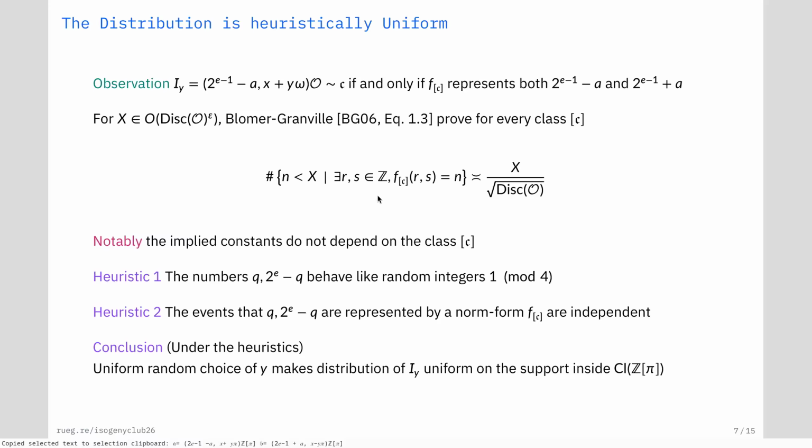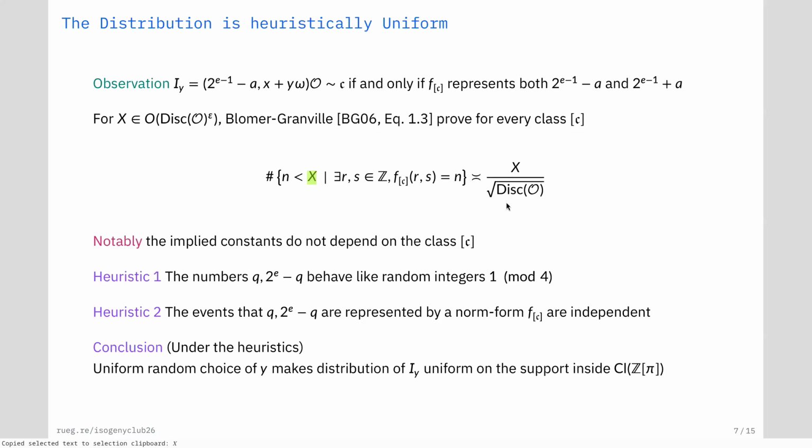In particular, it has this result: when x is exponential in the discriminant, then the number of integers represented by a given class less than x is asymptotically equivalent to x divided by the square root of the discriminant.